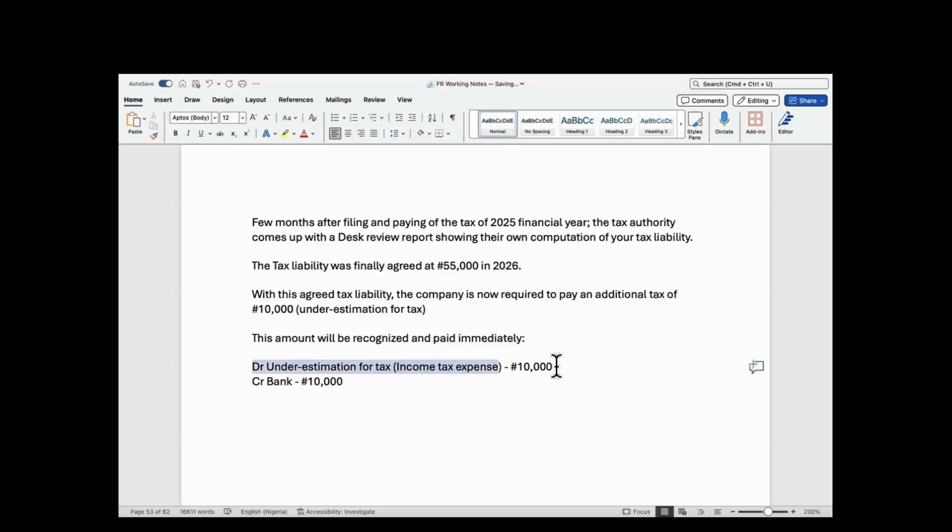Now, there is no doubt that this 10,000, when you're preparing your 2026 account, will be shown in your P&L as part of your income tax expense. That means when you determine the tax of 2026, you add this as part of it. You describe it as underestimation for tax, so that anybody looking at it will know that this one is not a tax of 2026.